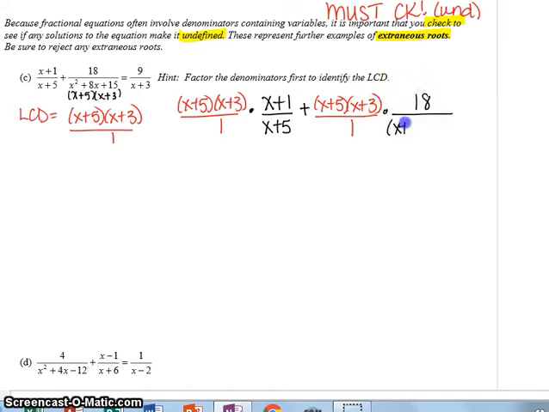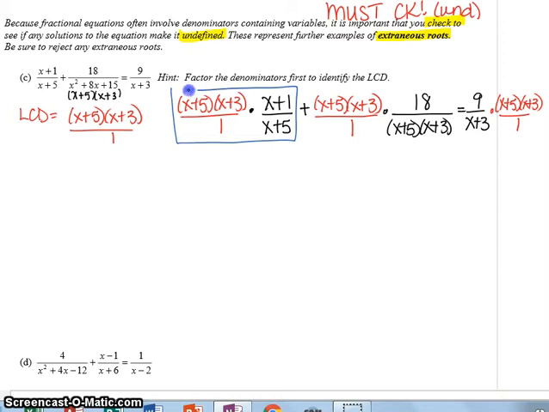And keep the factored form. That's over x plus 5 and x plus 3. And that's equal to the last part on the right side of that equation, 9 over x plus 3 times the LCD, which is x plus 5 times x plus 3 all over 1. So when I box these in, I have one blue box, two blue boxes, and then my third blue box.